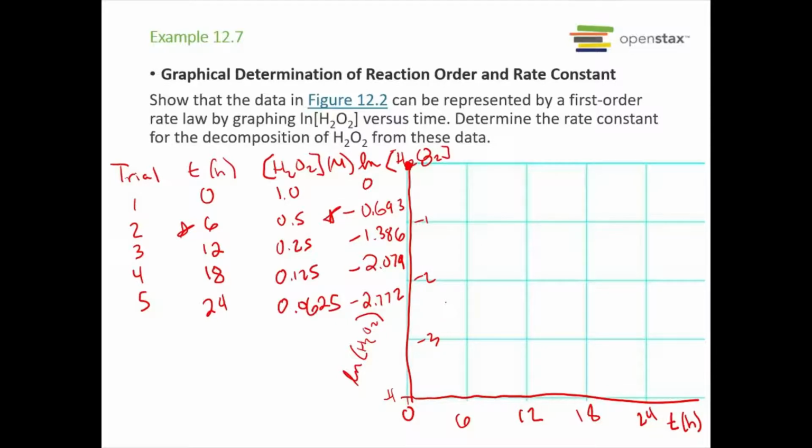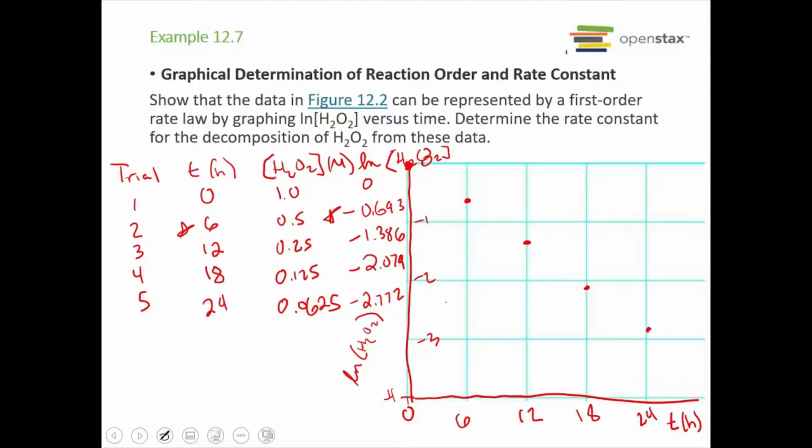So that is right about here, almost 0.7. At 12 hours, we have negative 1.386. So I'll put that right about there. At 18 hours, we have negative 2.079, about there. And at 24 hours, we have negative 2.772, right about there.